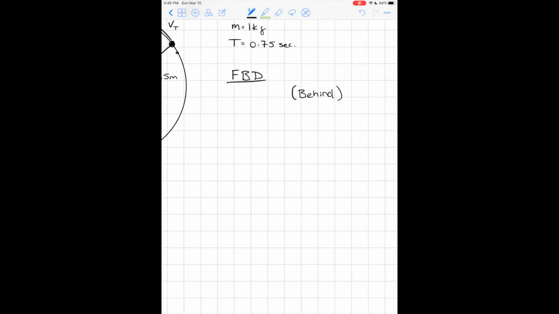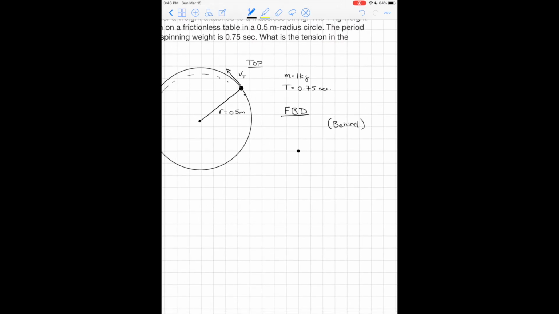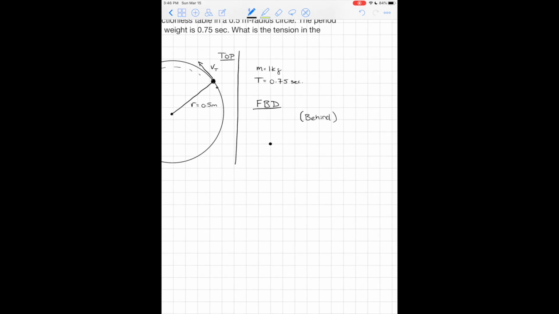Let's zoom in just a little bit more. If I think about my free body diagram of this thing, obviously I have some gravity, but our gravity is actually pointing into the page according to our top version here. From behind, it goes just straight down like normal, mg.